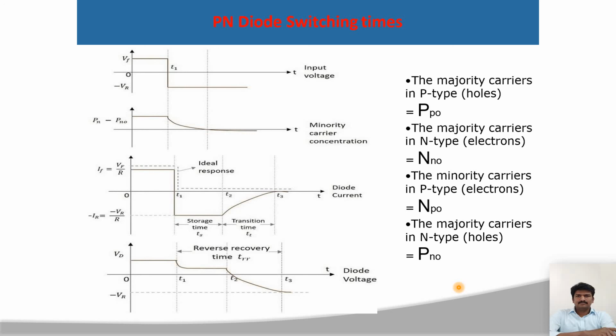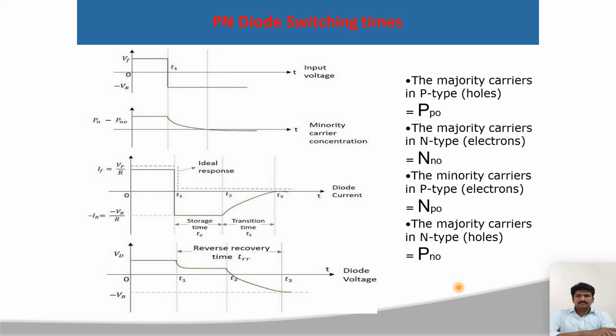It was in the switch off state, and it needs to come to the switch on state. Between the switch off state and the switch on state, it takes some time to get back to the conduction possibility of the diode.